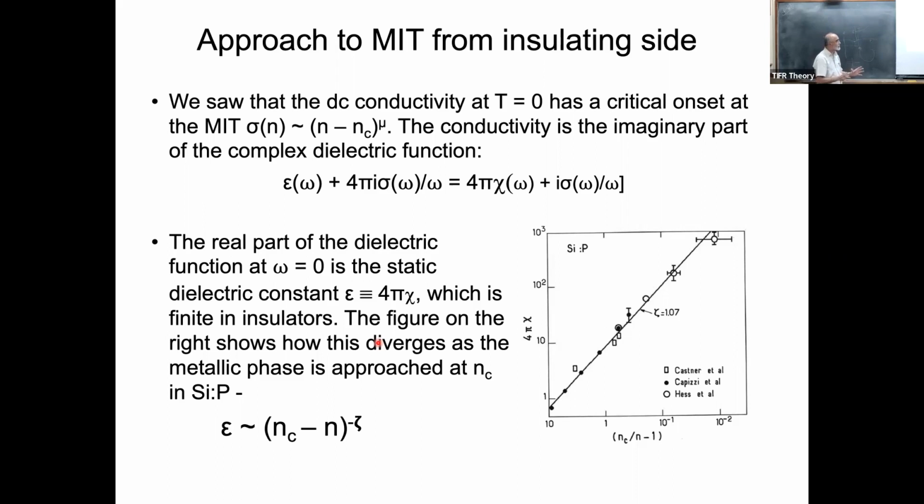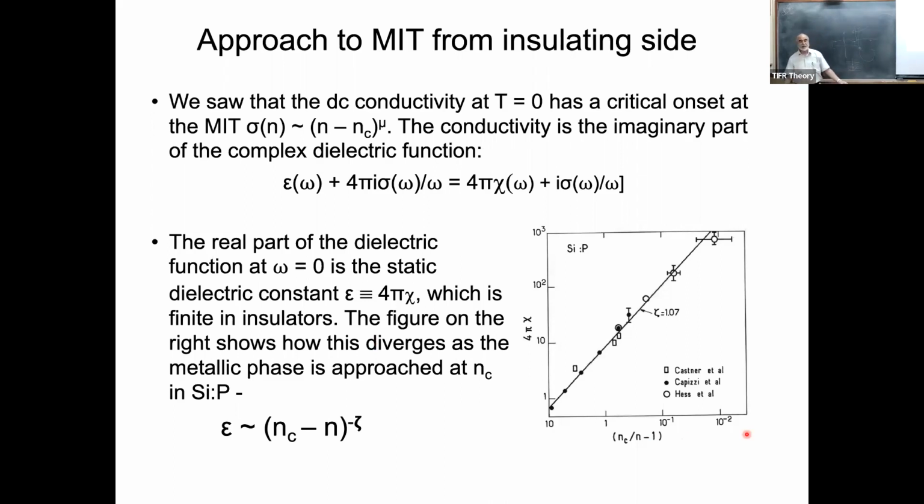So there are two different methods. They agree with each other. And the important thing is that it looks like the dielectric constant is diverging at the critical point where N_c over N minus 1 is going to 0. So that's on the right side of this picture. And the exponent seems to be 1.1 or 1 or something like that.